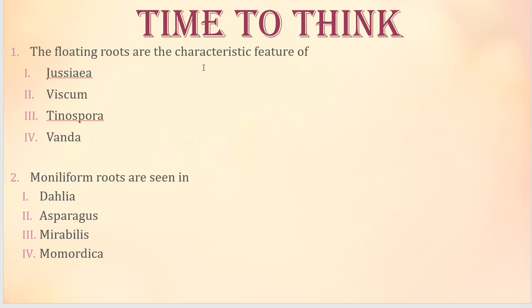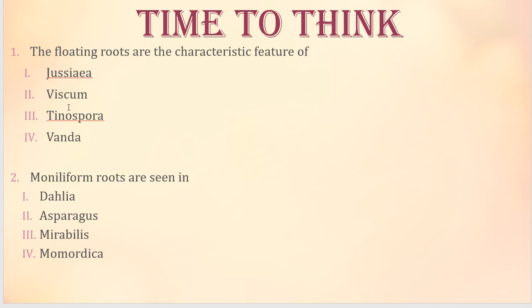The characteristic feature of floating roots. Remember that, floating roots. The options they have given are Jussiaea, Viscum, Tinospora, Vanda. So before that, Jussiaea is an aquatic plant. Okay, Viscum is a parasitic plant.